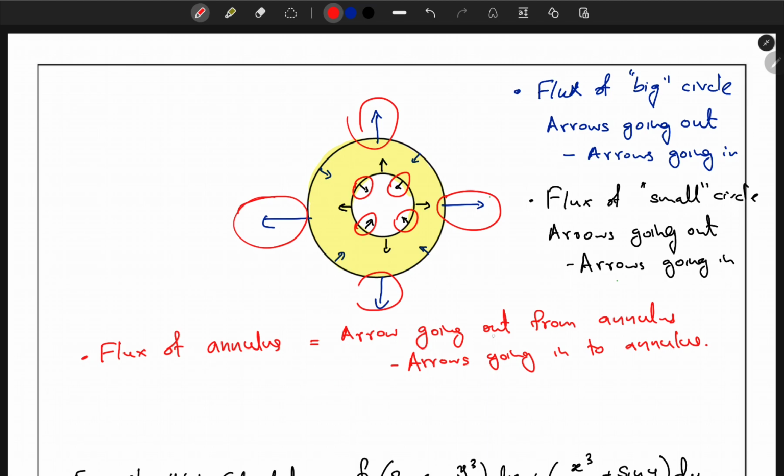So arrows going out is out from big circle plus in to small circle, minus.